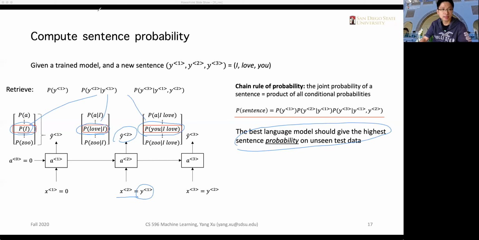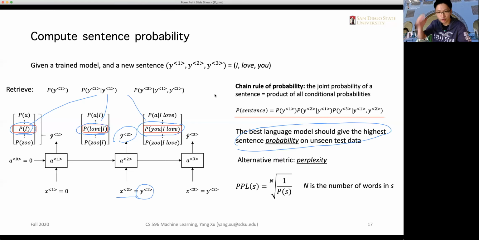And in practice, we use the term perplexity, which is the reciprocal of the sentence probability, okay? This perplexity is easier to read because it converts a very small probability into a relatively normal number.